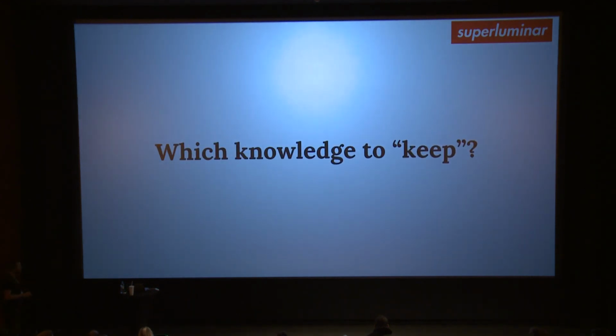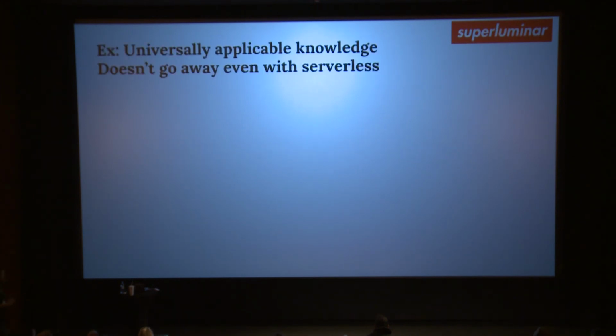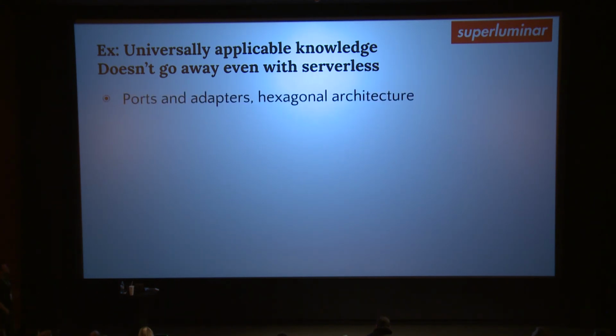Then we can also have a look at which knowledge to keep, because there will still be knowledge which is more or less universal, even with serverless. And once again, I have a list, for example, ports and adapters, hexagonal architecture, the test pyramid. This is all really generic knowledge, which will maybe not even go away with the next wave, whatever this will be after serverless.